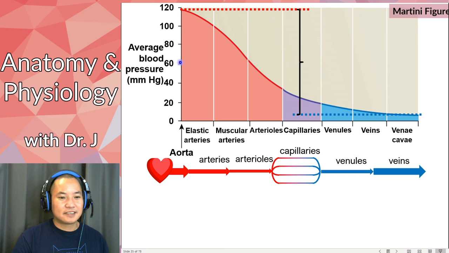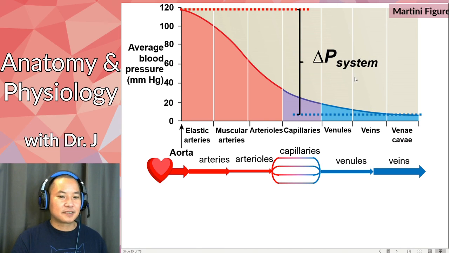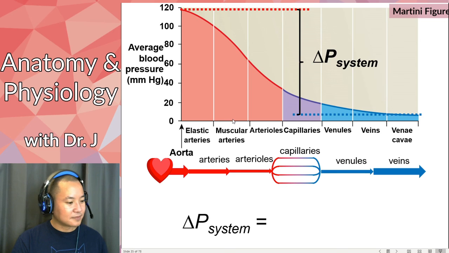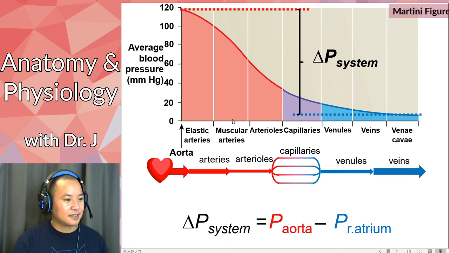If point A is here, point B is here, that delta P of your entire systemic circuit is going to be the difference between the pressure at your aorta and right after here, the vena cavae. Remember, they lead to the right atrium, so this is going to be roughly equal. That's your pressure gradient. So again, aorta minus the right atrium pressure.